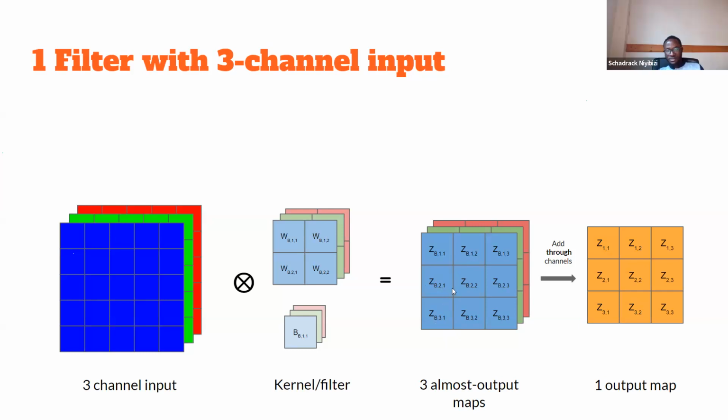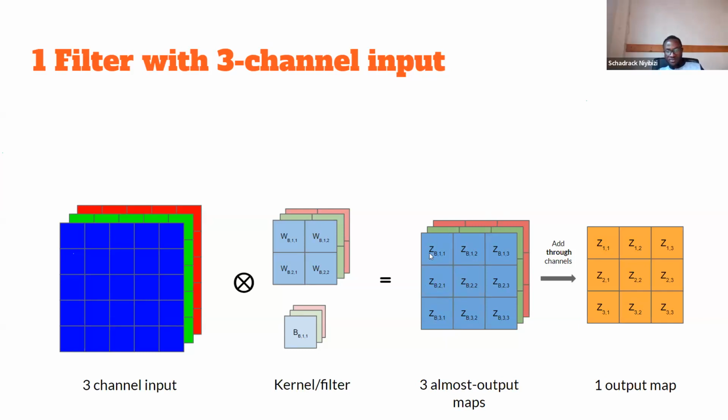Yes, the 3 channels. So when you're putting them together, are you adding them element wise? Yeah, element by element, so that you can get the final output. Is that what you mean? So how do you add the 3 output maps?